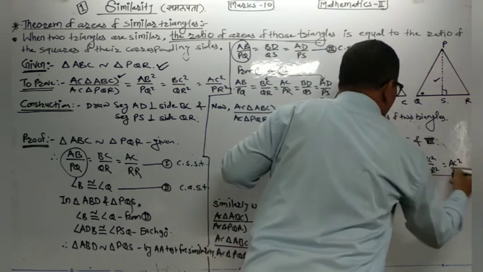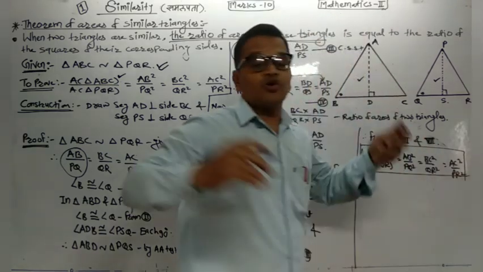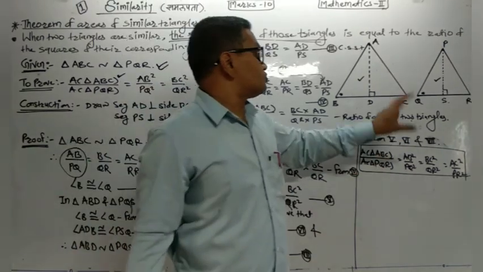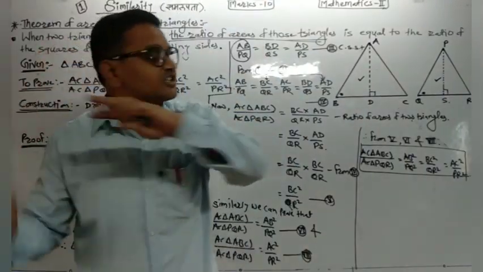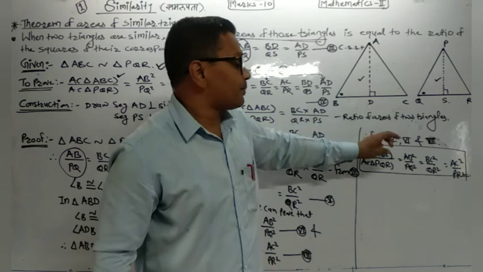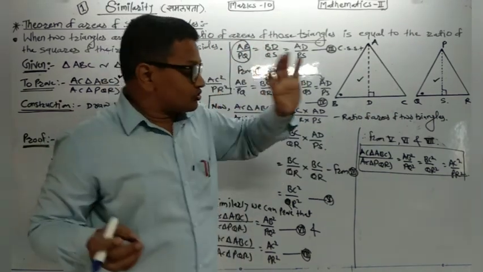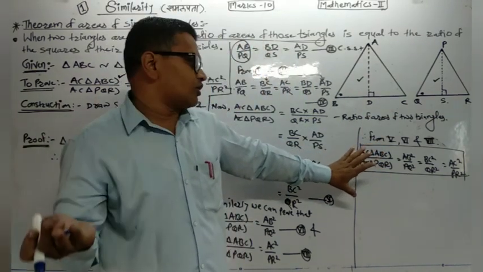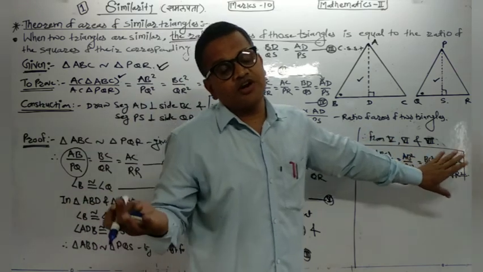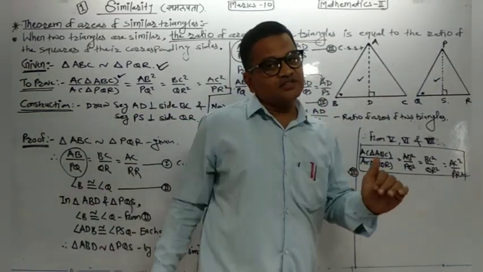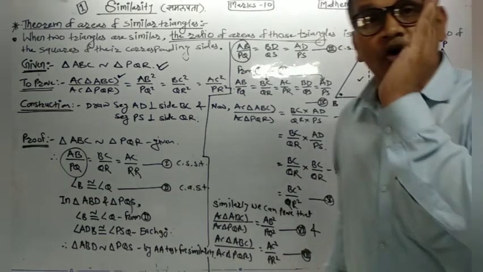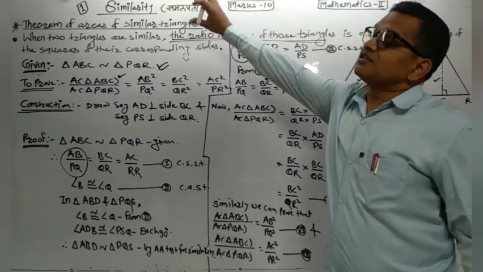Understand? Friends, hence we have proved that when two triangles are similar, then the ratio of areas of those triangles equals the ratio of squares of their corresponding sides. Understand? Friends, this is a very important theorem in similarity.